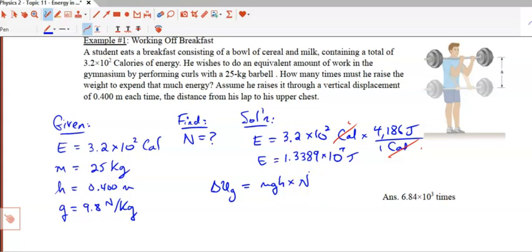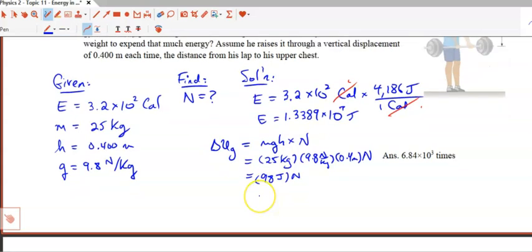So the total change in potential energy is going to be 25 kilograms times 9.8 newtons per kilogram times h, which is 0.4 meters, and then N. I don't know how many times, that's what we're looking for. So this gives us 98 joules multiplied by N.